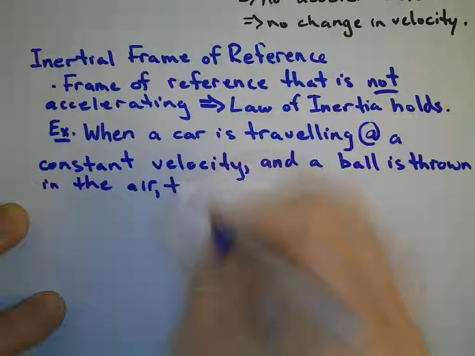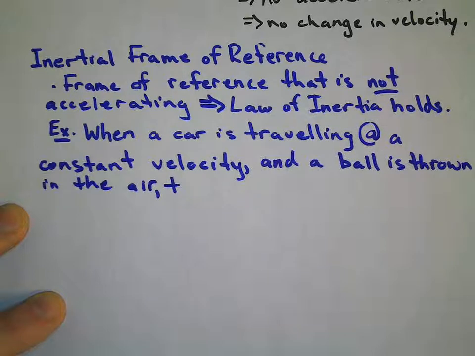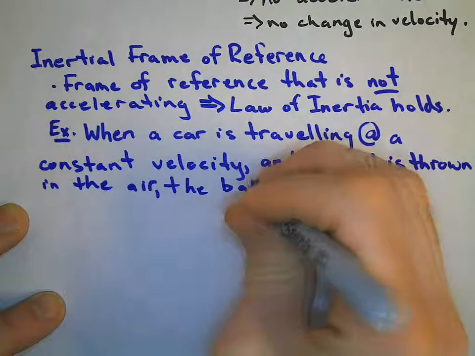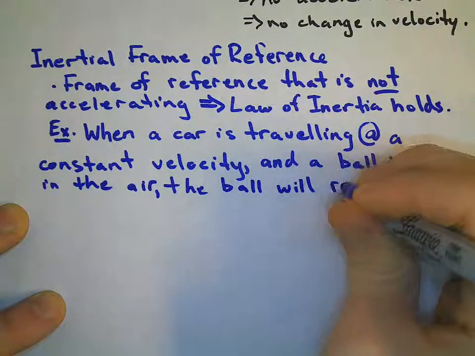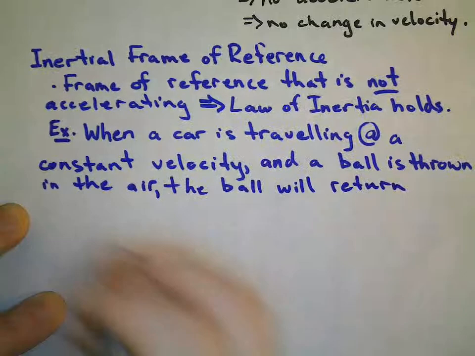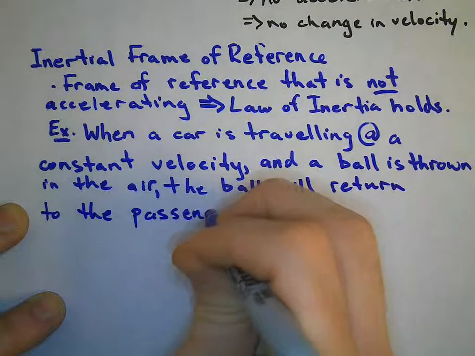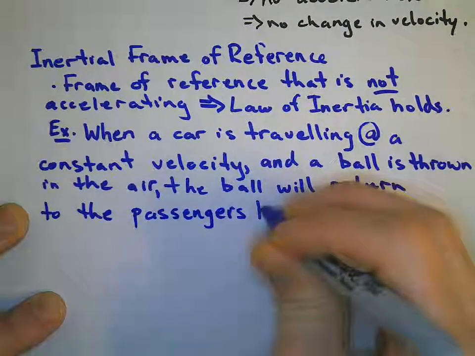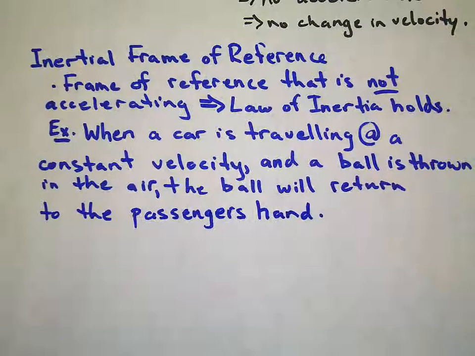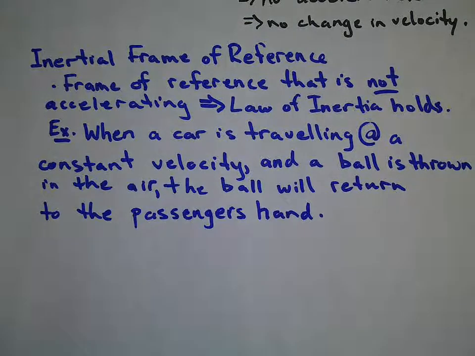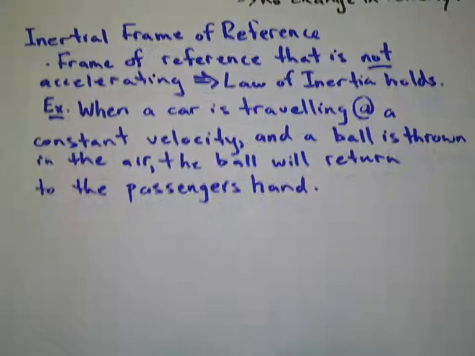Well, due to the law of inertia and the fact that there is no acceleration occurring, or traveling at constant velocity, the ball will return exactly where it began, and that is in the passenger's hand. So we may have inertial frames of reference where our frame of reference is not accelerating.